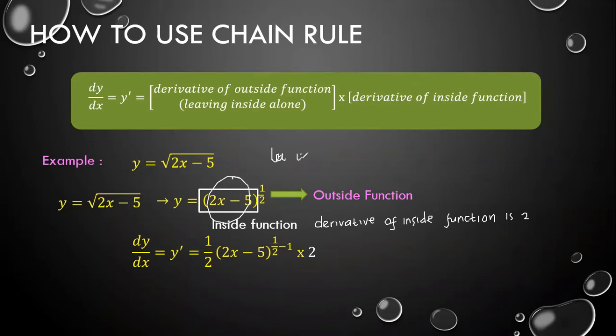Let u equal 2x minus 5, so u prime equals 2. Very easy, right? That's why this expression is multiplied by 2. Remember, dy over dx or y prime is the derivative of the outside function times the derivative of the inside function. This is the formula, or the method, for differentiating a function by using chain rule.